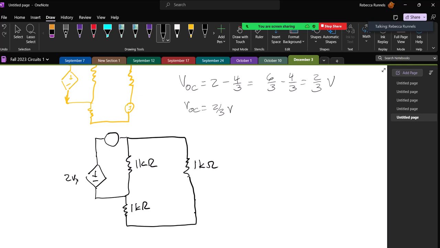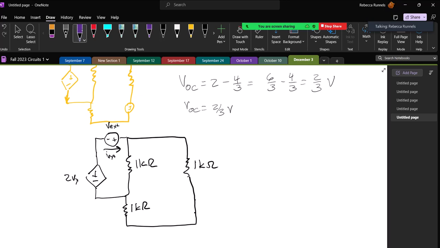Now, I'm going to make my external source, so V external, I put it in this polarity, which would mean that the current that I'm going to be looking for, I external, would be going from minus to plus. You don't have to do it that way. You could do it the other way, and then you'd be looking for the current in the other direction. I just liked it that way because that way these two had the same direction.